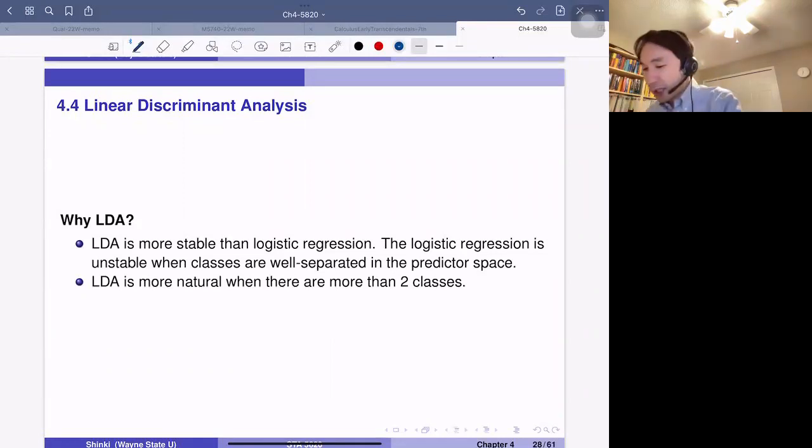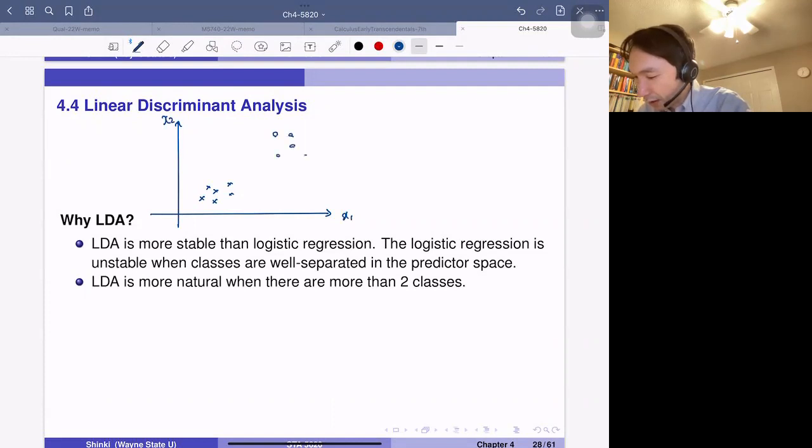So with logistic regression, the one problem when data is too good is that it's hard to determine the optimal line to separate two groups. Suppose that one group is like this in the data set. This is x1 and x2, and the other group is like this. So it's totally separated, so it's easy to separate two groups perfectly.